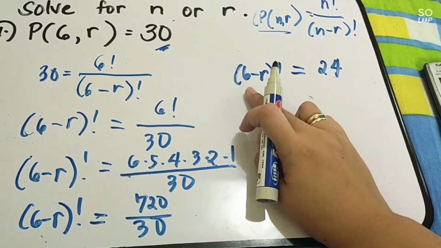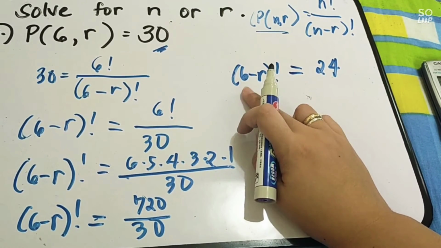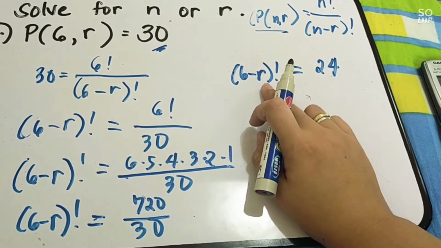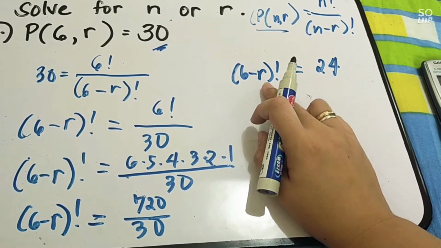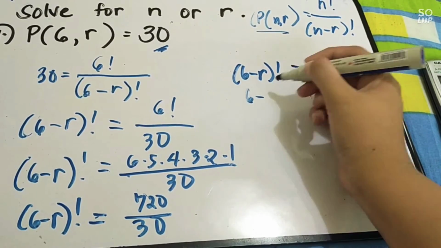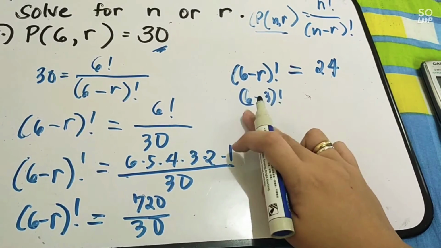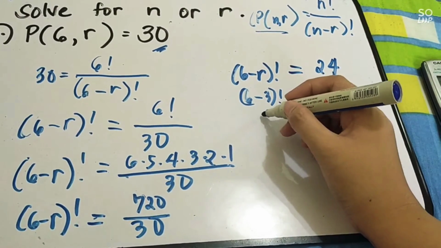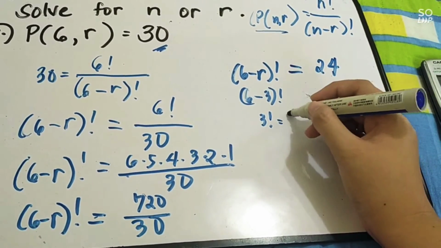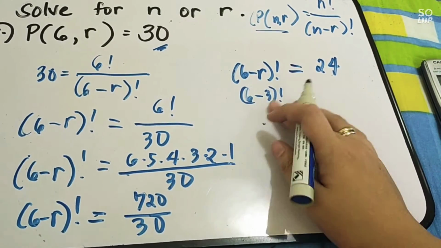Laging mas mataas si N kesa kay R. Tandaan po yun. What if you are going to subtract 6 minus 3 factorial? So, meaning ito, magiging 6 minus 3, the answer is 3 factorial. 3 factorial is 3 times 2 is equals to 6 lang. So, hindi pwede pa rin.